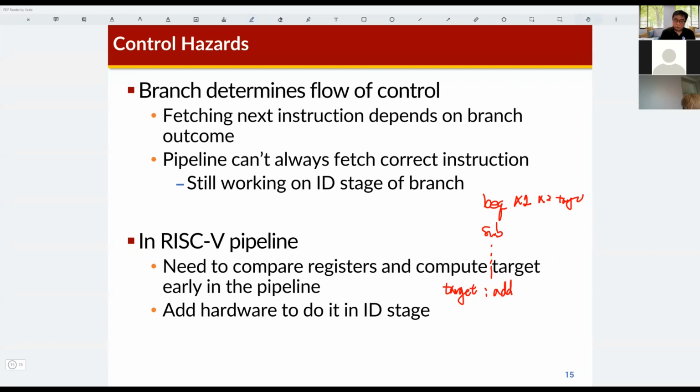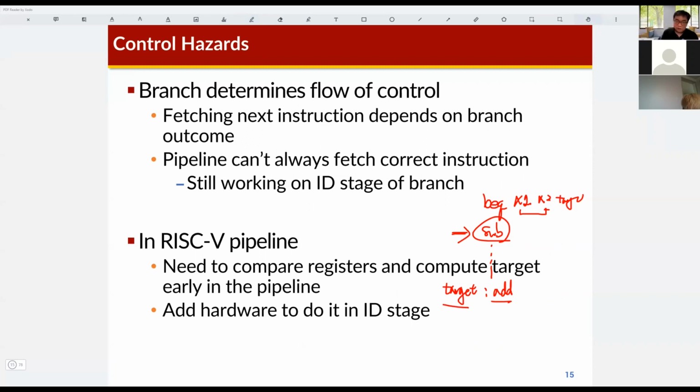So we don't know which instruction will be executed at the very next of this BEQ instruction, right? Based on the result of this branch instruction, this very next instruction, like a sub instruction, can be executed, or the target instruction, add instruction, can be executed. So there are two possible cases.